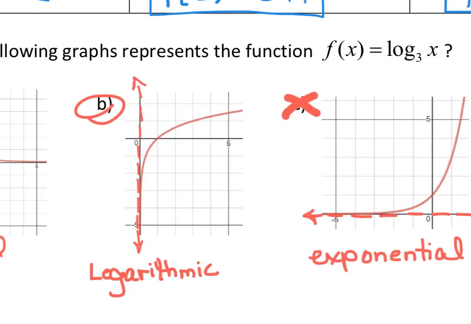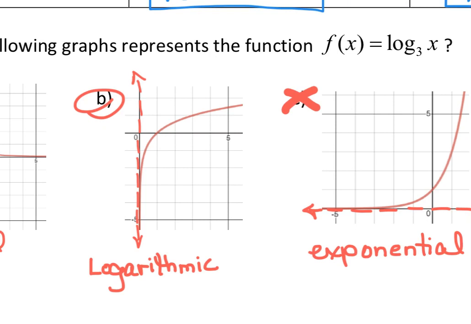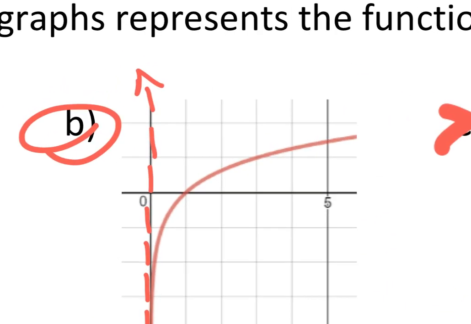By the way, just so you know, the way you can tell that this is base 3 is if you look at the point that is 1, 0, and then move away from the asymptote, the point that's 1 unit away, 1 unit this way, and then you're measuring it that way, 1, 2, 3.